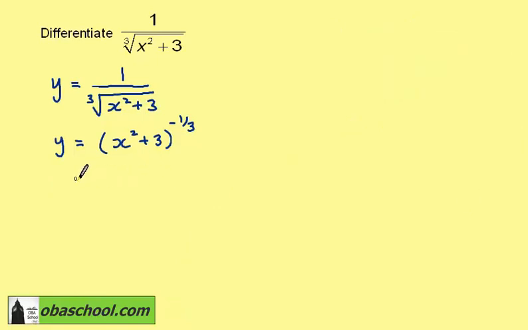Now let's use the second way of applying the chain rule to this problem. We can see here that the inside function is the x squared plus 3, and the outside function is x to the minus 1/3.